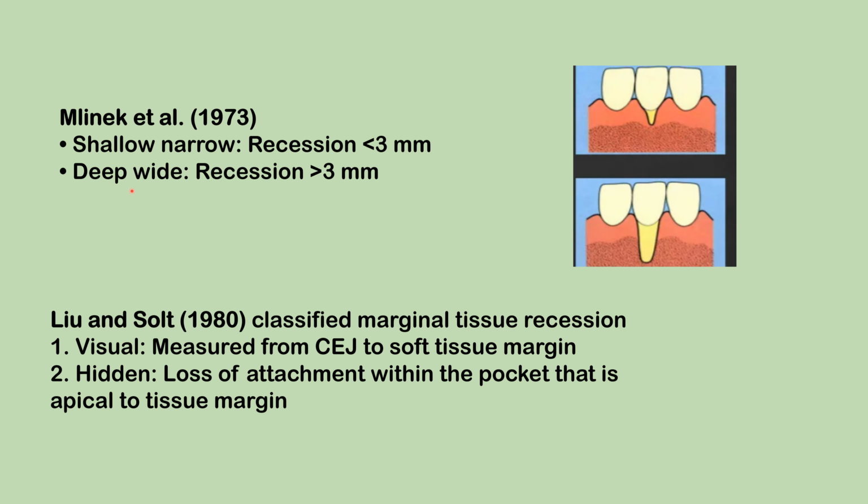Next classification is by Mlinek et al. in 1973. In this, recession less than 3 mm is categorized into shallow narrow, whereas recession greater than 3 mm is categorized into deep wide. Next, Liu and Solt in 1980 classified marginal tissue recession into visual, which is measured from the cemento-enamel junction to the soft tissue margin, and hidden, which is the measurement of loss of attachment within the pocket, that is, apical to the tissue margin.